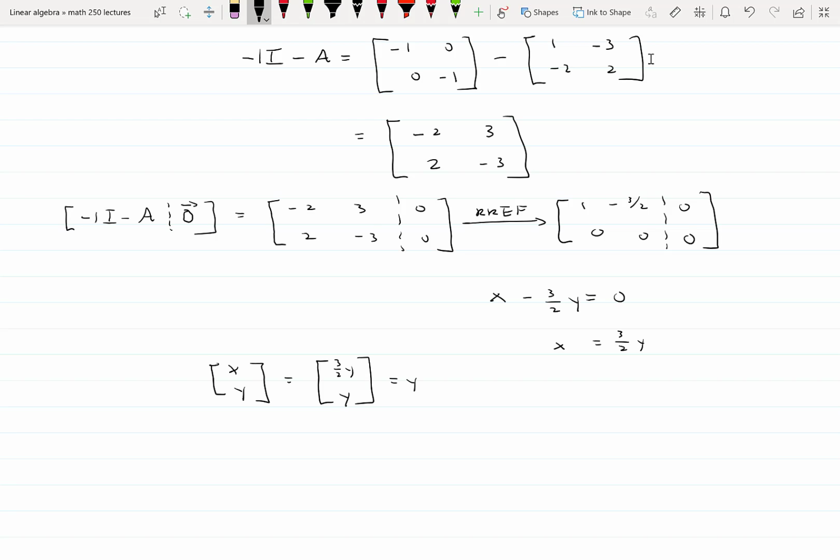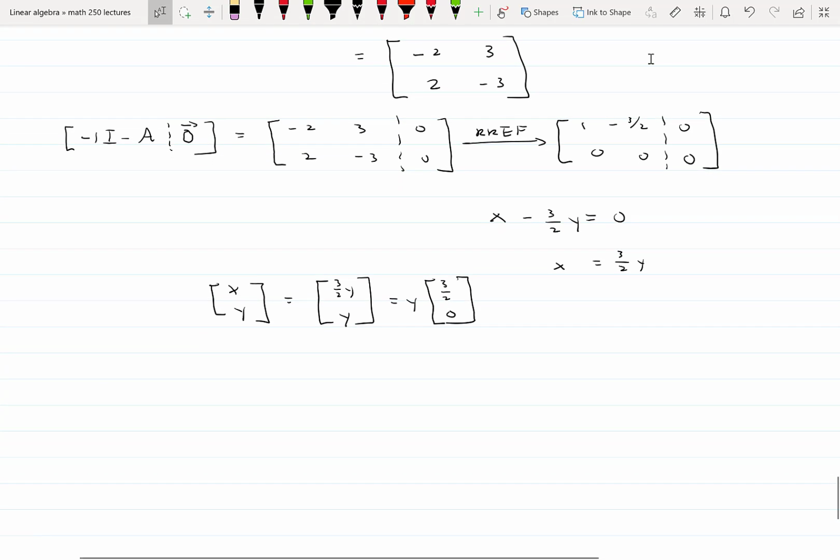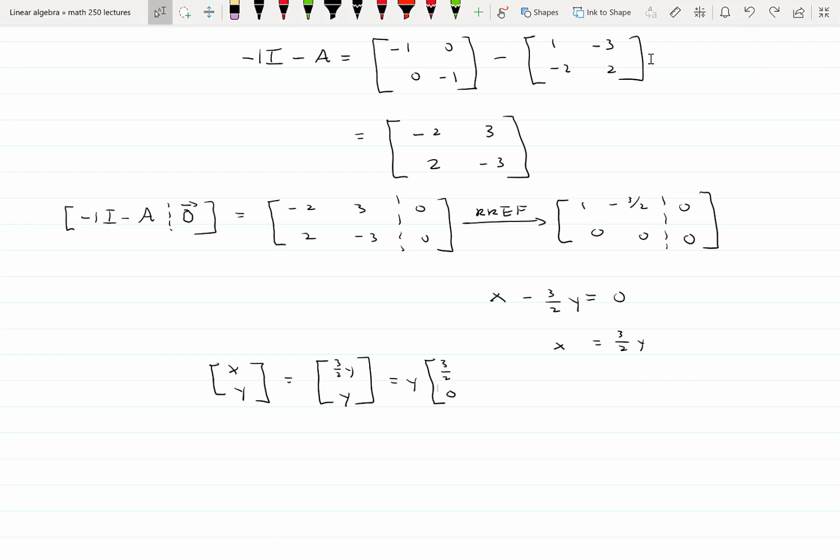Factor out the constant y. Remember, y varies through real numbers, so our eigenvectors are scalar multiples of the column vector 3 halves and 1. Oh my goodness, that was a really very bad mistake.